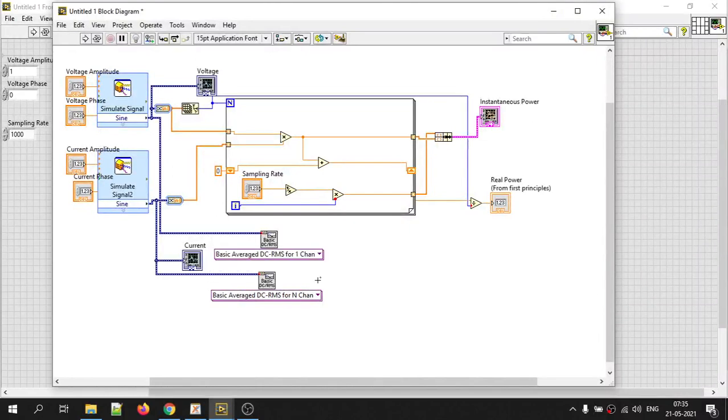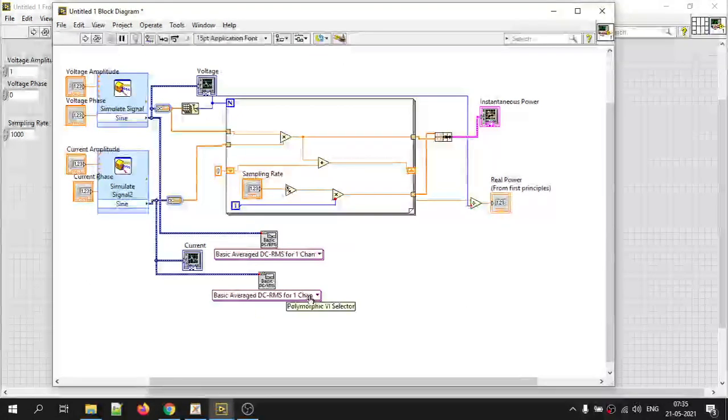But in our problem we have only one channel. If you use N channel, the output will be in the form of an array, and only the first element will be there and all the remaining will be 0. In order to remove that, we are using this polymorphic VI selector, in that we are selecting only single channel. In the output you have both the DC value as well as the RMS value.